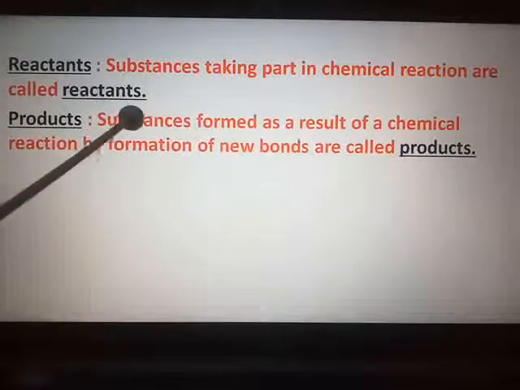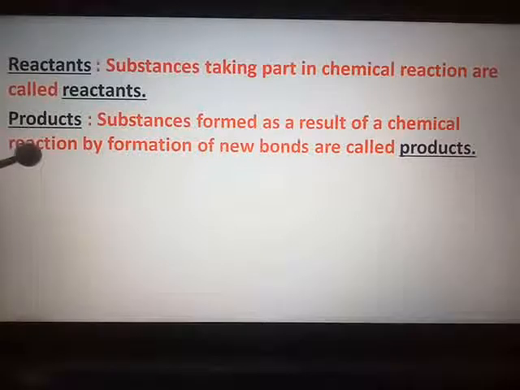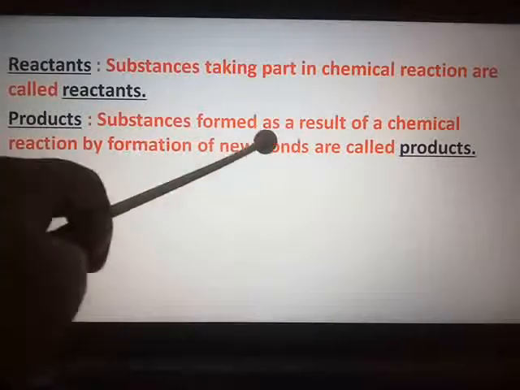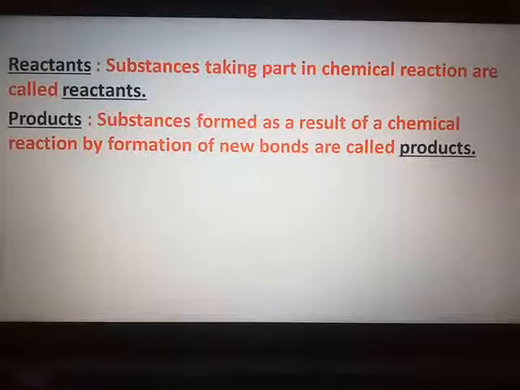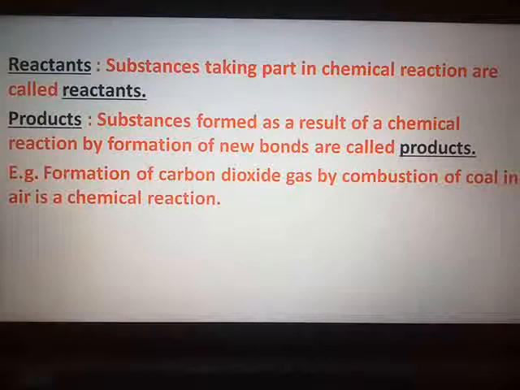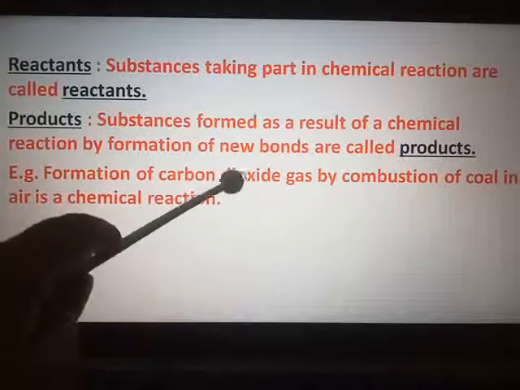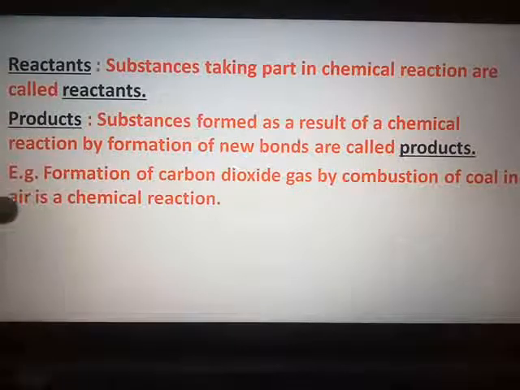And substances formed as a result of the chemical reaction by the formation of new bonds are called products. Cake is your product. Ripe fruit is the product. Curd is the product. So after the chemical reaction, whatever new substances are formed are known as products. Let us take up an example from chemistry. The formation of carbon dioxide gas, that is CO2 gas, by the combustion of coal in air is a chemical reaction.